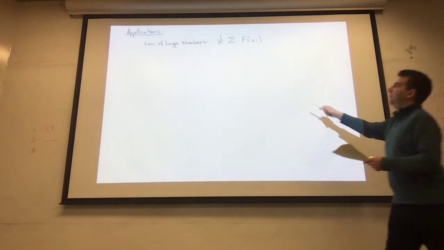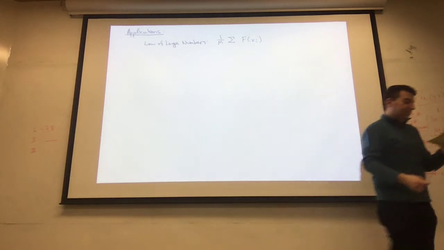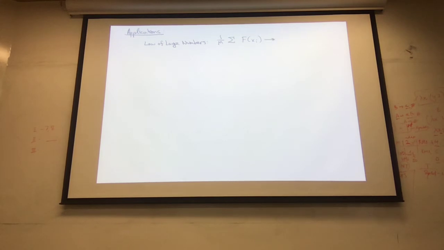As an example, if I want to calculate, well, I know from the law of large numbers that if I take a bunch of samples, the sample average of that thing will end up approaching the integral, where this is the PDF of the sampling distribution.